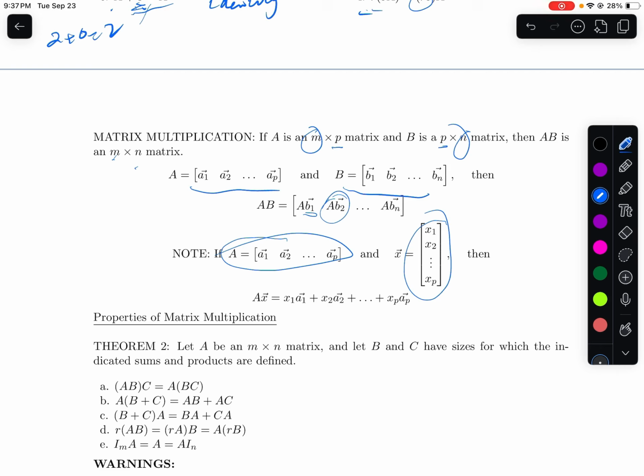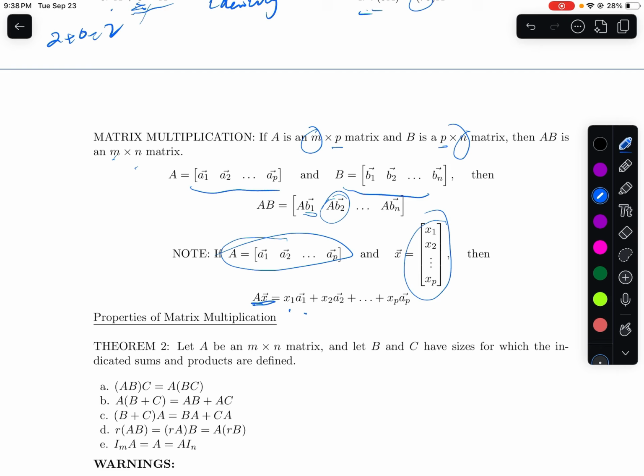Now, note if we have the situation from chapter 1 where X is a column vector, basically this is also a matrix, just one column.